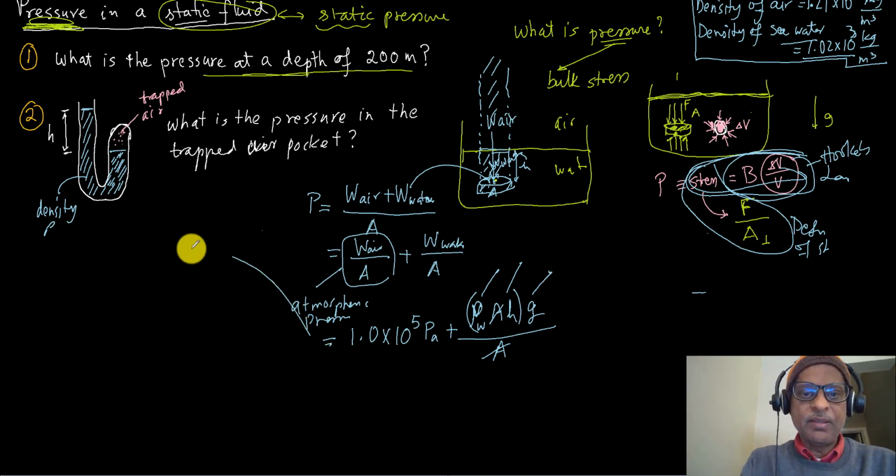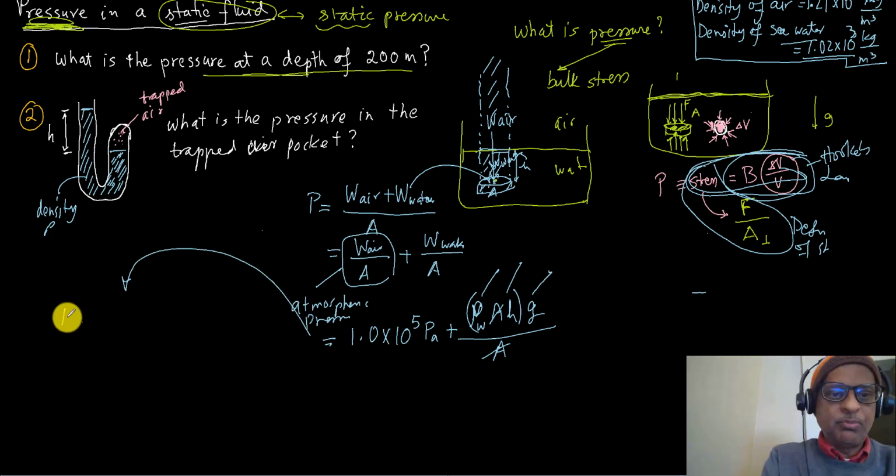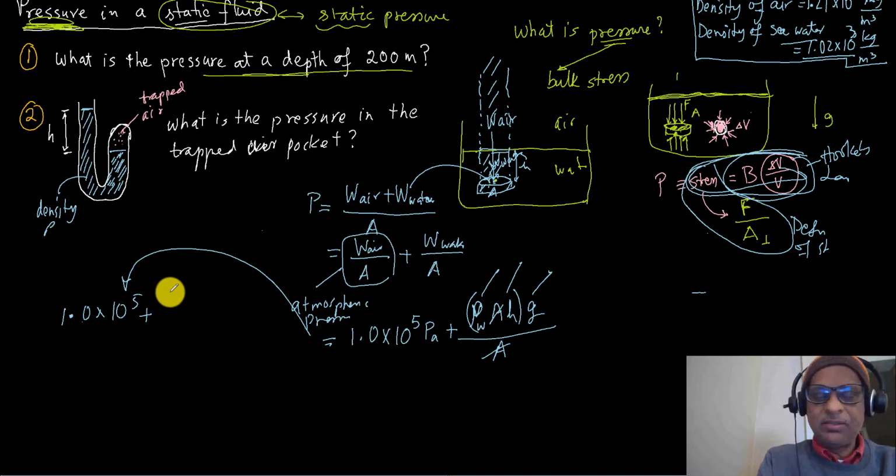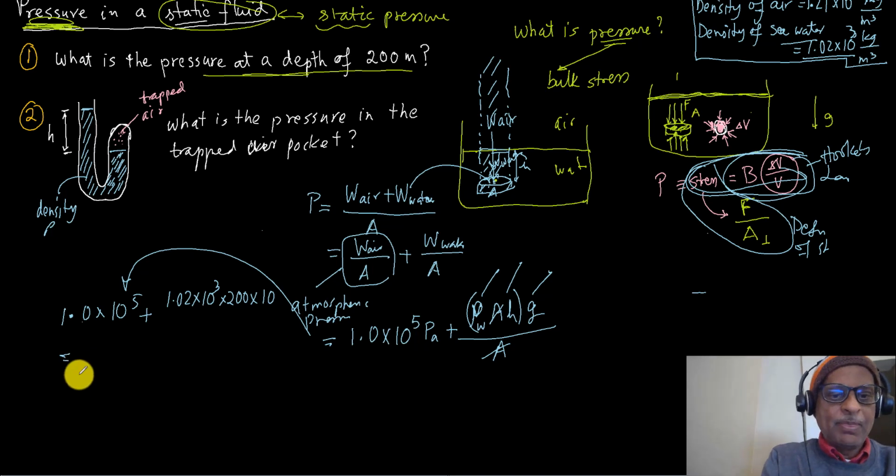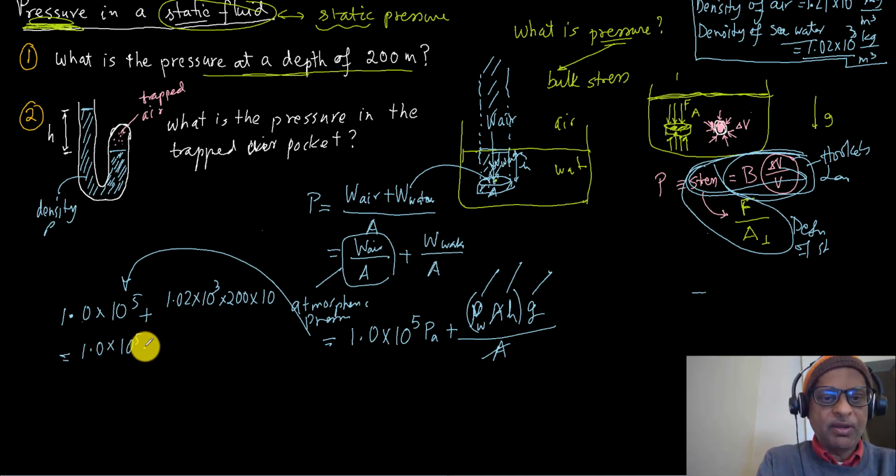So this should be 1.0 times 10 to the power 5 plus density 1.02 times 10 to the power 3, height 200, times g, let's use 10. So we have 1.0 times 10 to the power 5 and 2.04 times 10 to the power 6.